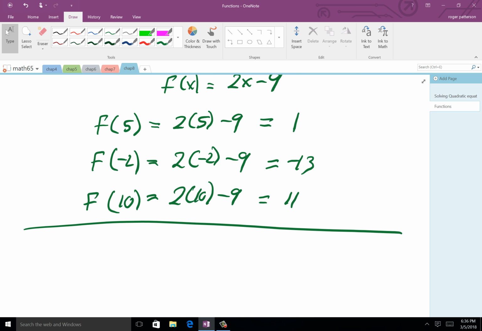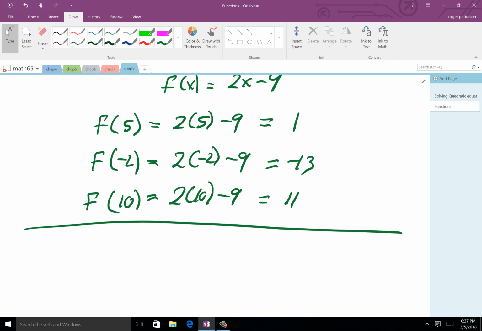But the vertical line test: if you take a vertical line and run it through this graph, and it hits anywhere on the graph in more than one spot, then it's not a function. If I had a meter stick, I could kind of do it. If I ran it across here and it hit in 2 spots, no good.